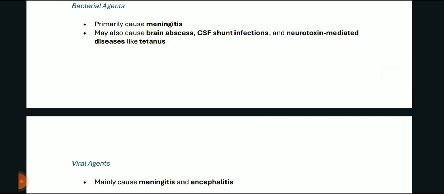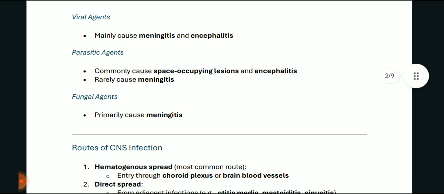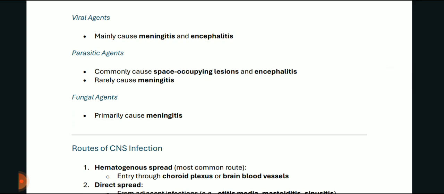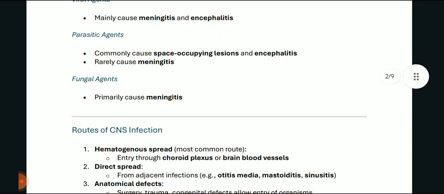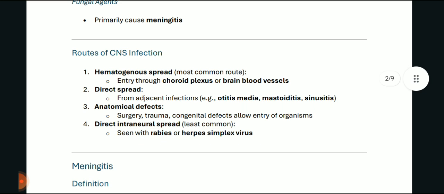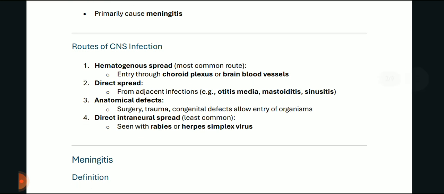They may also cause brain abscess, CSF shunt infections, and neurotoxin mediated diseases like tetanus. The viral agents mainly cause meningitis and encephalitis. The parasitic agents commonly cause space occupying lesions and encephalitis. These rarely cause meningitis, and the fungal agents are primary causes of meningitis in immunocompromised people.